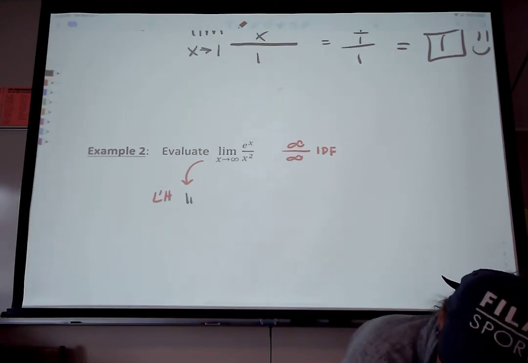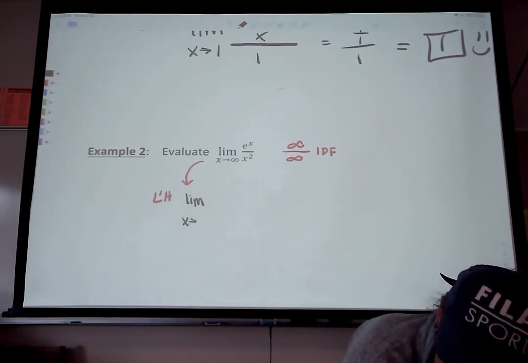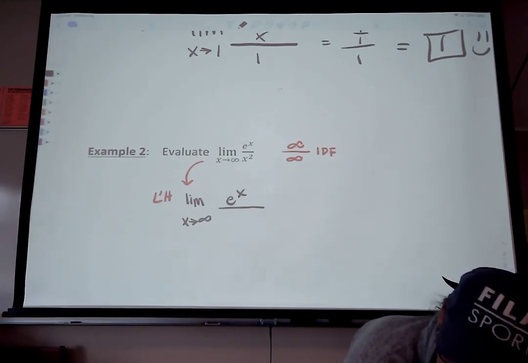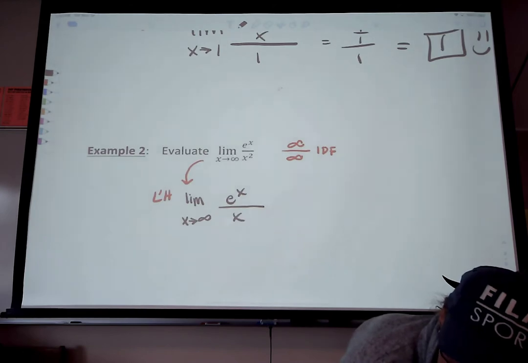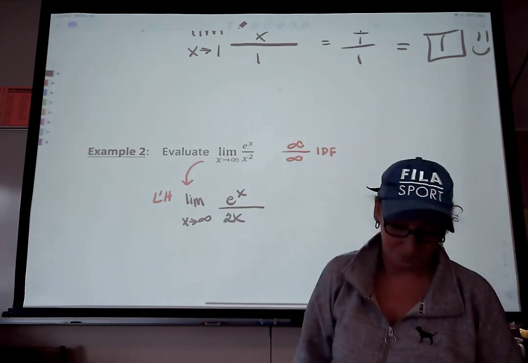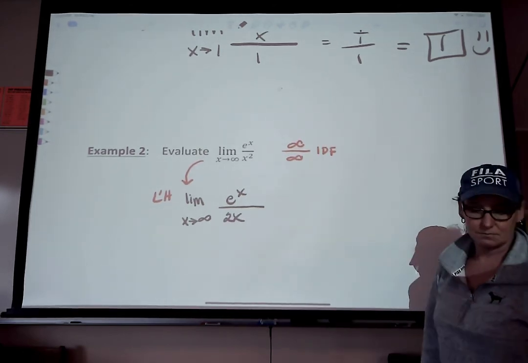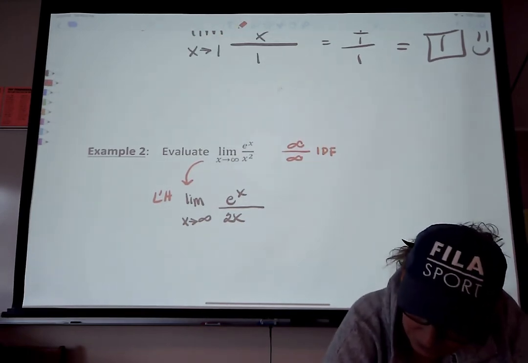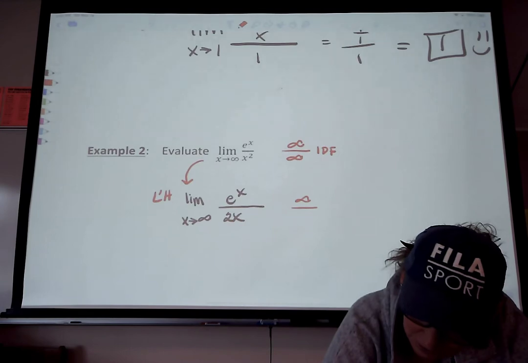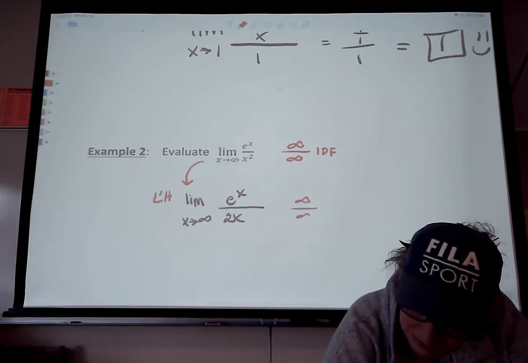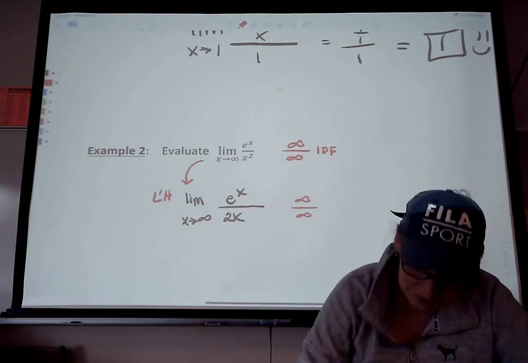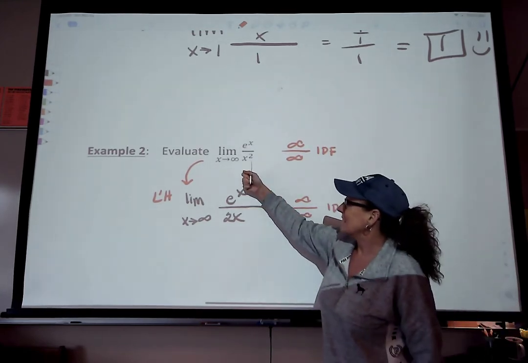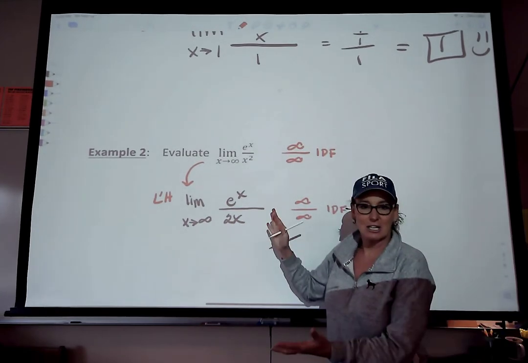So since it's an indeterminate form, we have permission to use L'Hopital's rule. So again, still doing a limit. Derivative of the top function, derivative of the bottom function. E to the infinity is infinity. 2 times infinity is a different infinity. Well, dang, there's another indeterminate form. But I think you can see that our denominators keep knocking down 1.